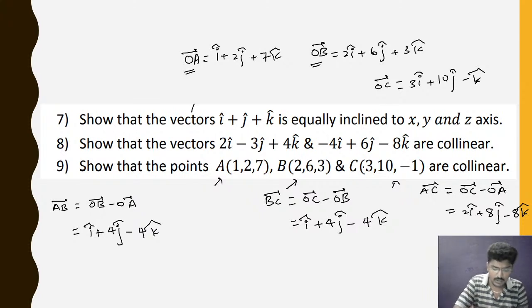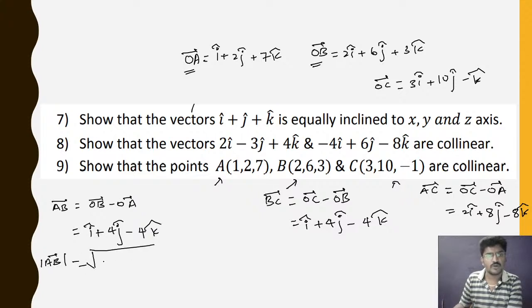Clear? So what you do: in the place of OB, you write OB; in the place of OA, you write OA; simplify. In the place of OC, you write OC; in the place of OB, OB; simplify. In the place of OC, OC; in the place of OA, OA; simplify. Okay. Now, what is magnitude of AB?